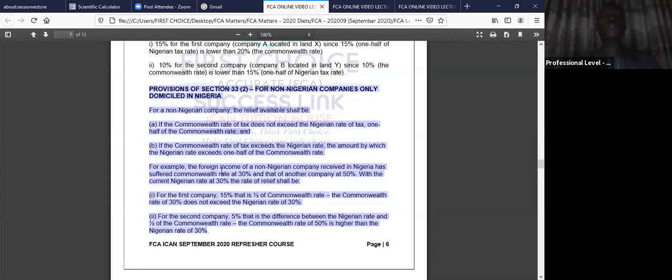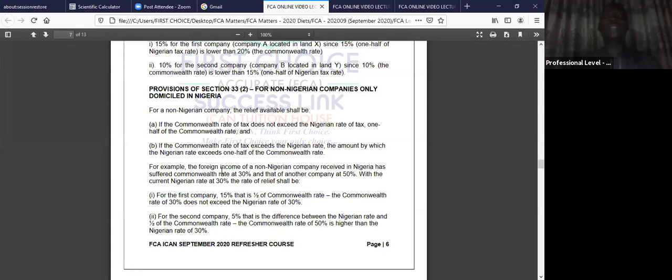Of course, when we talk about foreign special businesses, we talk about airlines, communication companies, insurance, agriculture, and what again? Unit trust, name them.